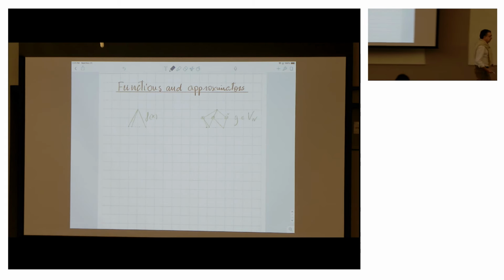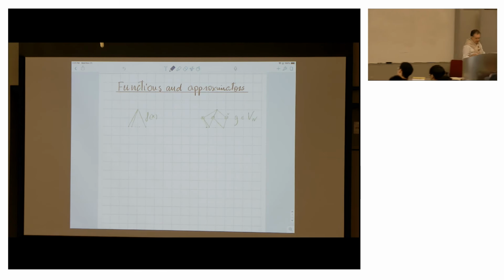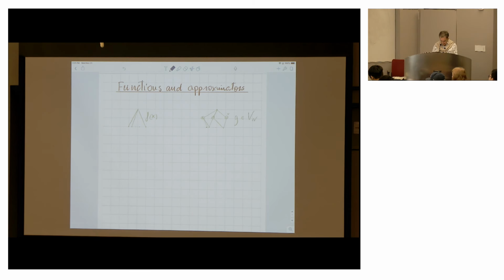Now, I'm adding that I want to consider functions f that are continuous, functions with d inputs. Continuous means, of course, that for any epsilon, I can find a delta such that this is less than epsilon, okay?